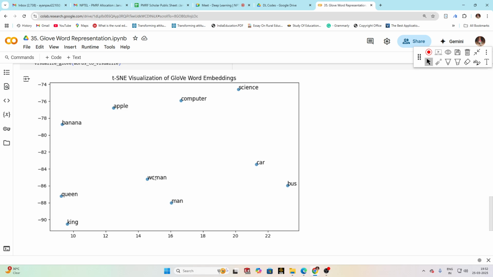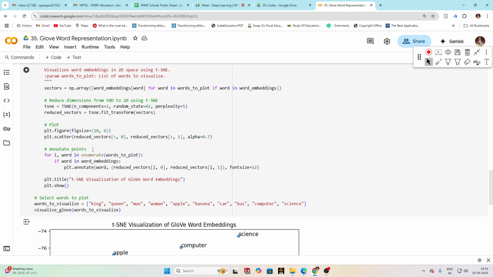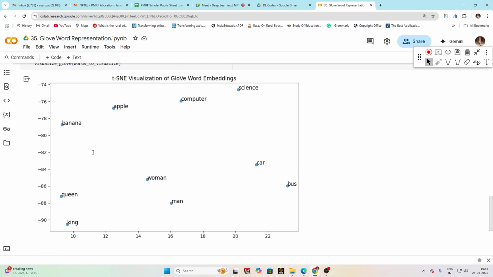Woman and man are close. You can see the Euclidean distance between king and queen is small. Banana and apple, the Euclidean distance is small. Woman and man, small. Car and bus, again small. By that you can visualize how your model is performing.